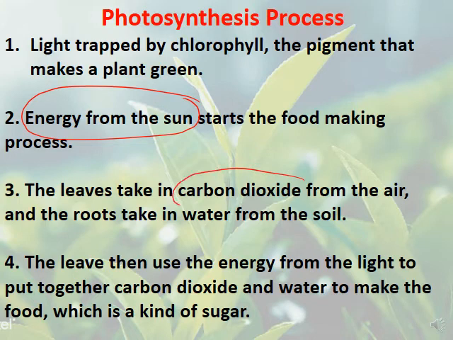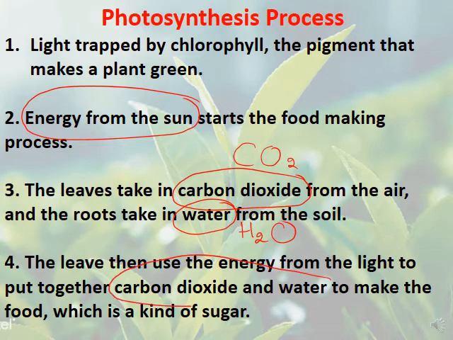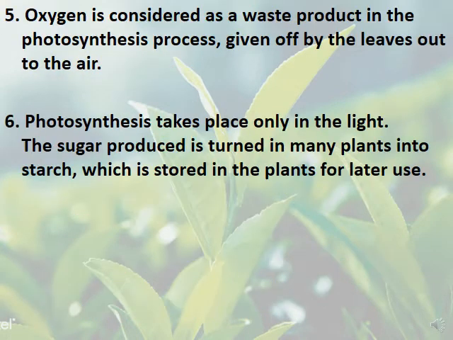Carbon dioxide comes from the air, this is CO2, and water comes from the soil, this is H2O. The leaf then uses the energy from the light to mix carbon dioxide and water to make the food, which is a kind of sugar.